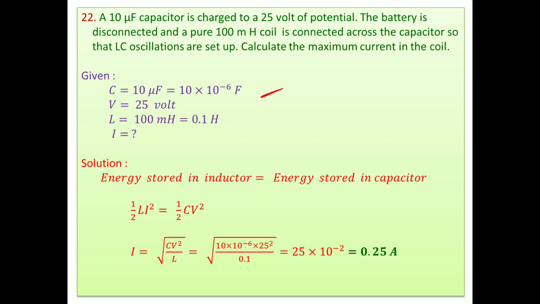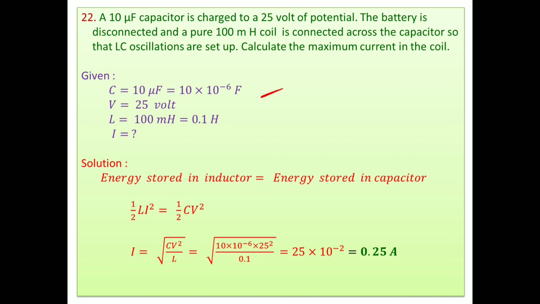We know that the energy stored in the inductor, which type of energy? Magnetic field energy stored in the inductor is equal to energy stored in the capacitor, which is electric field energy. The total electric field energy stored in the capacitor gets converted into magnetic field energy.